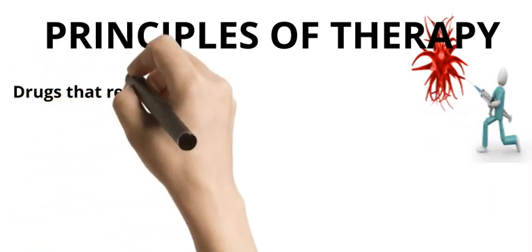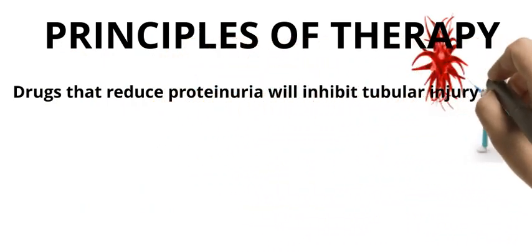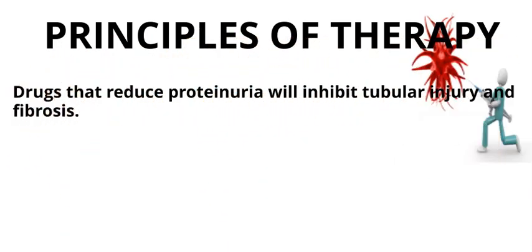Drugs that reduce proteinuria may inhibit injury and fibrosis to the tubules, and these drugs may include ACE inhibitors, ARBs, and statins and antioxidants.